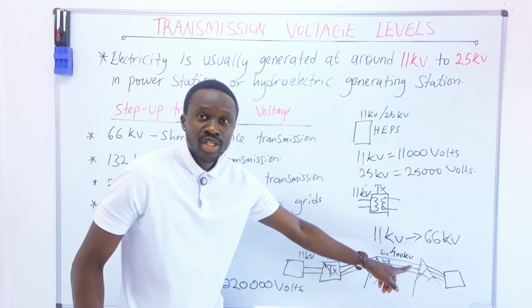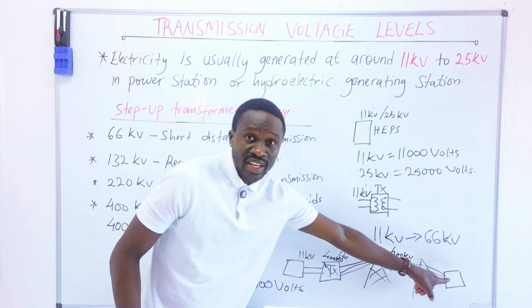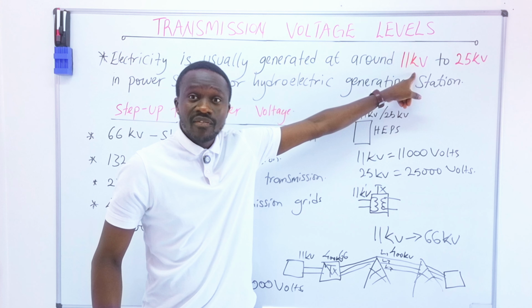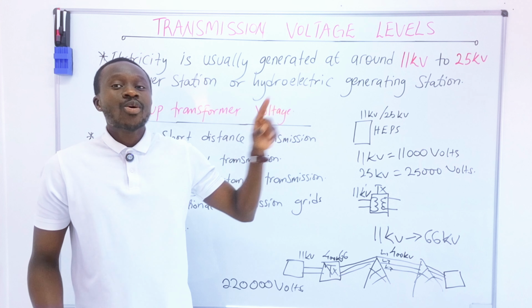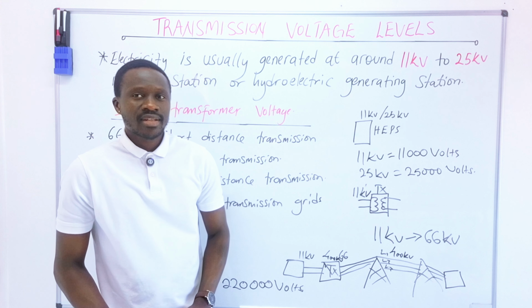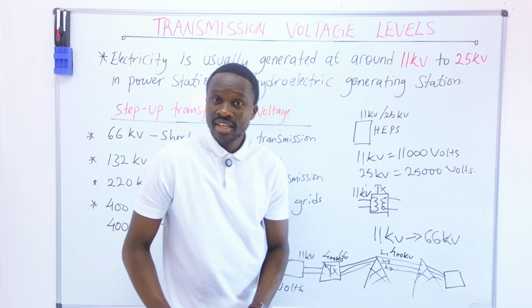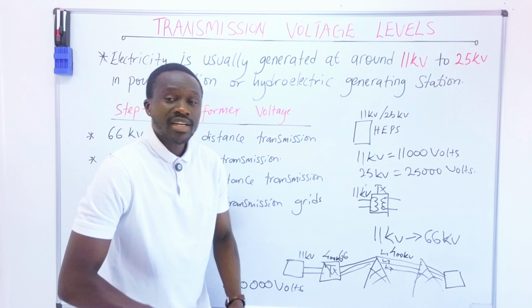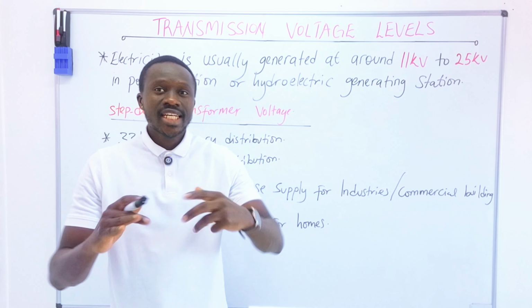It will step down to 11 kV. Again, the logic goes back. A transformer can step down to 11 kV. It can step down to 25 kV. Let us see the voltage levels for stepping down. Okay, now we are going to see the steps.